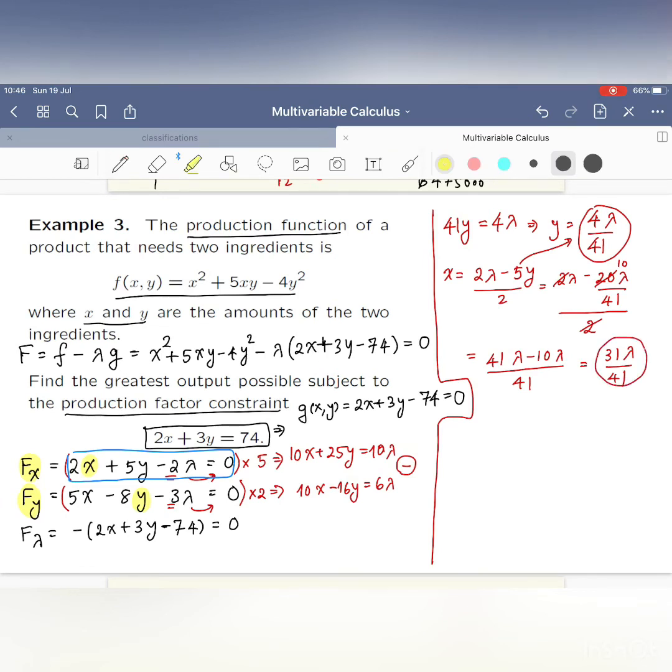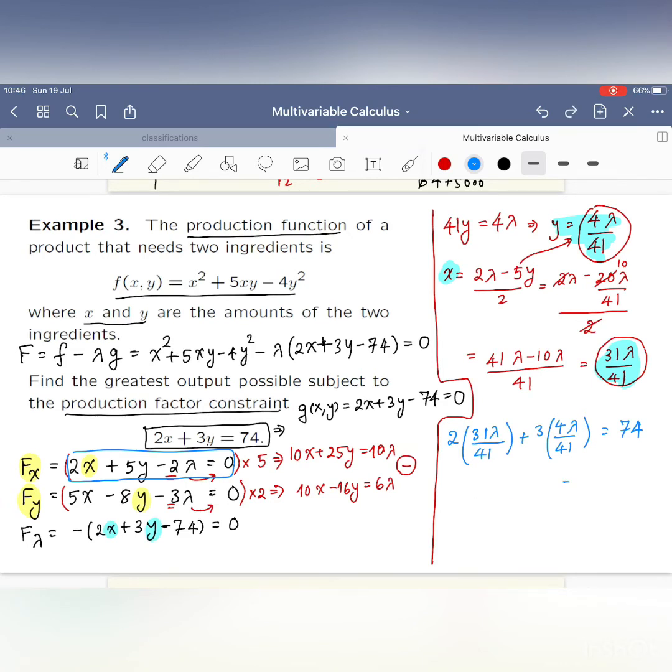After you got your x, as well as your y, you can simply plug your x and y into the constraint, because your x and your y now depend on one single parameter, lambda. It says that 2x plus 3y equals 74.